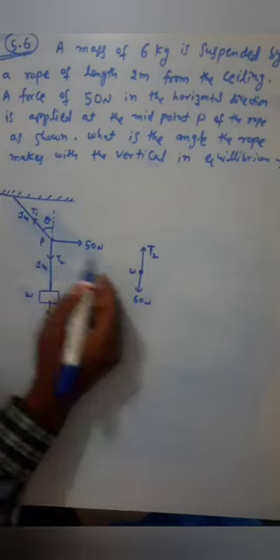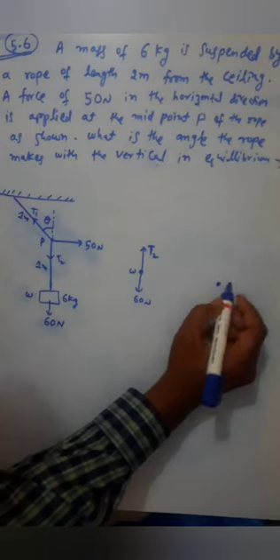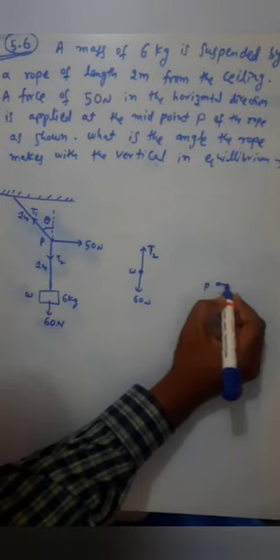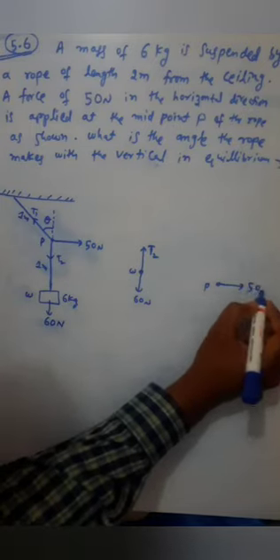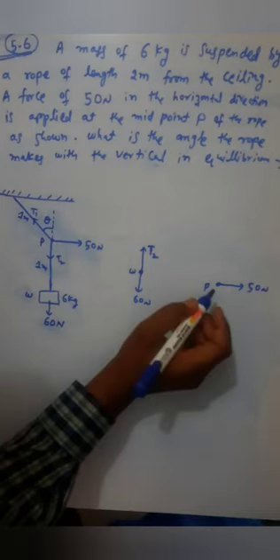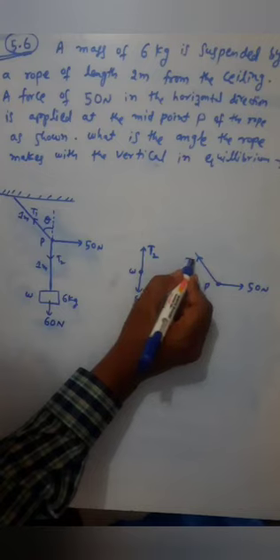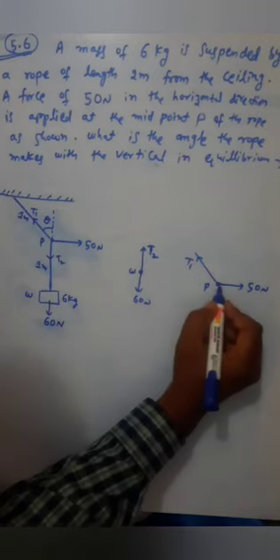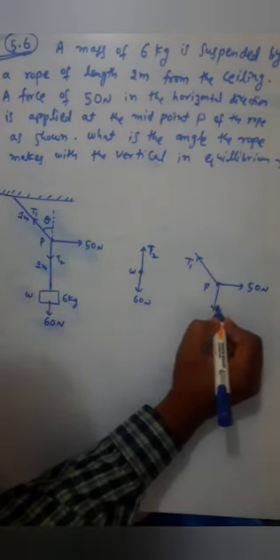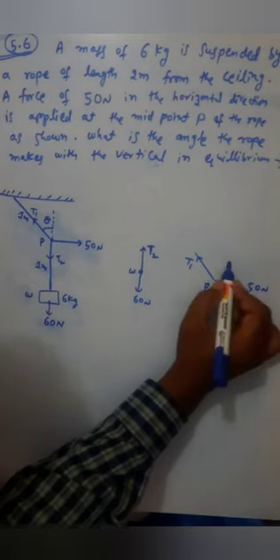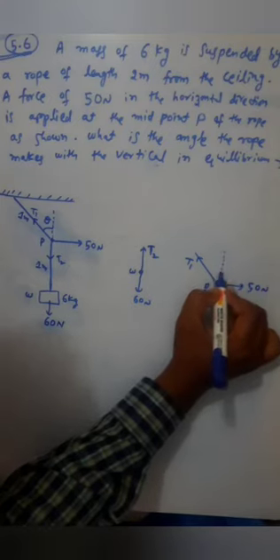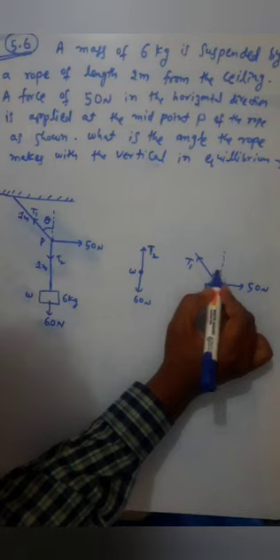For the free body diagram of particle P, the 50 newton force is in the horizontal direction, tension T1 is in this direction, and tension T2 is in the downward direction. The angle made with the vertical is theta.